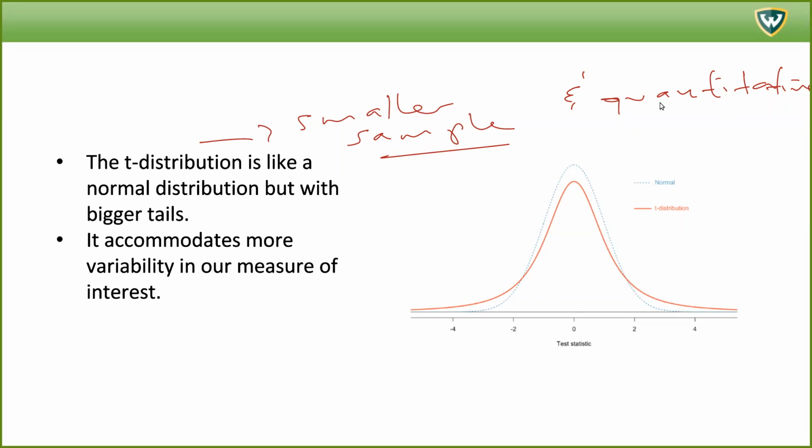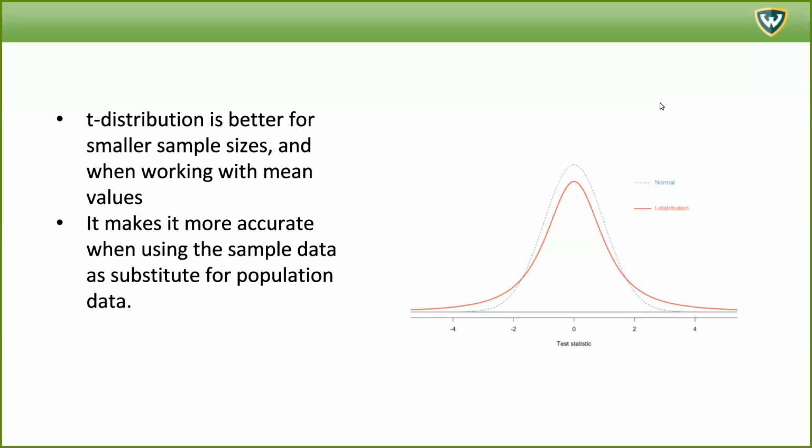And the whole process works the same as with the normal distribution, except that it's a little bit different in the background. That is, it's changed by degrees of freedom, essentially. The t-distribution is better for smaller sample sizes and when working with mean values, and it makes them more accurate when using the sample data as a substitute for population data.